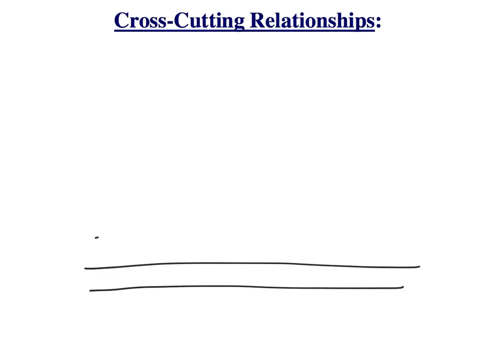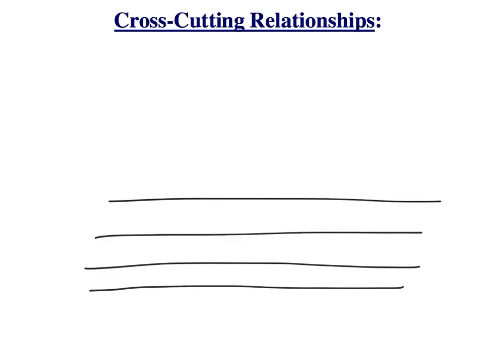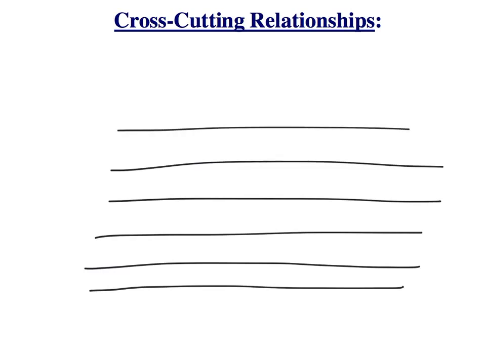So the last principle that I need to talk to you about is that of cross-cutting relationships. This is extremely straightforward, just like all these. Let's say we have a horizontally deposited sedimentary cross-section. Layers 1, 2, 3, 4, and 5.